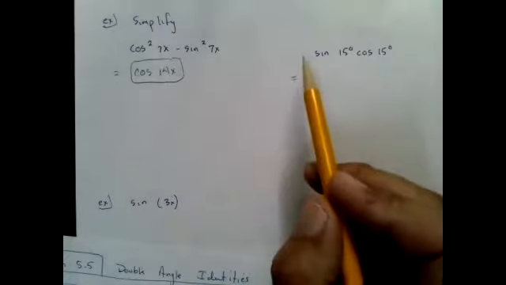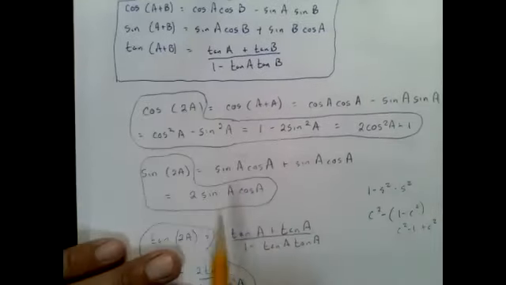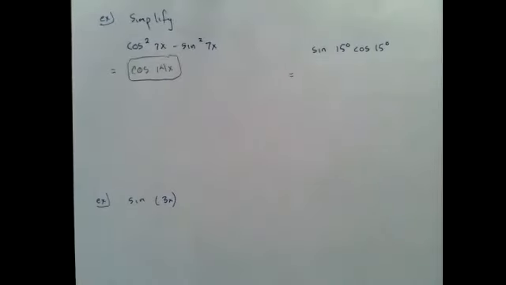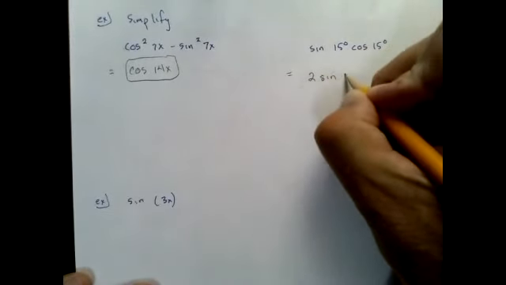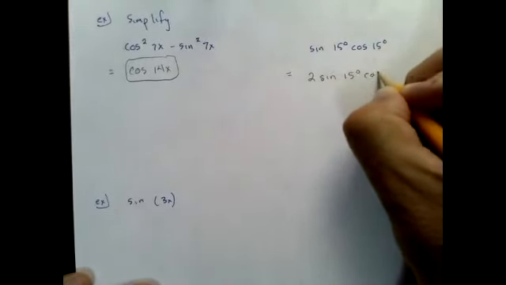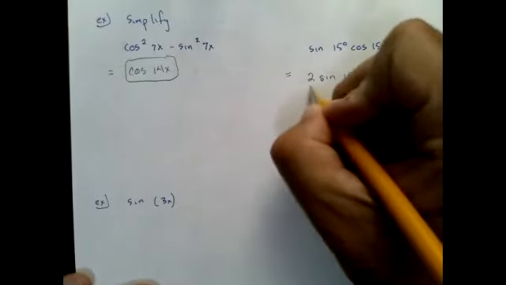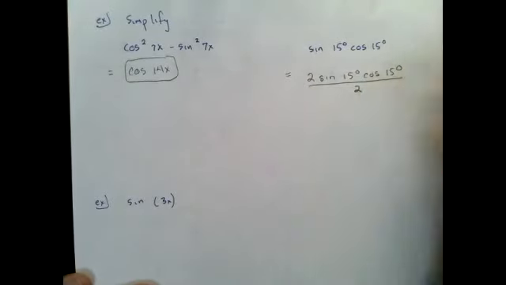What's missing in front? A 2. Hey, I'm a math magician. I can put a 2 there, as long as I put a 2 down there. That's legal. Are you sure? Yeah, I'm sure.